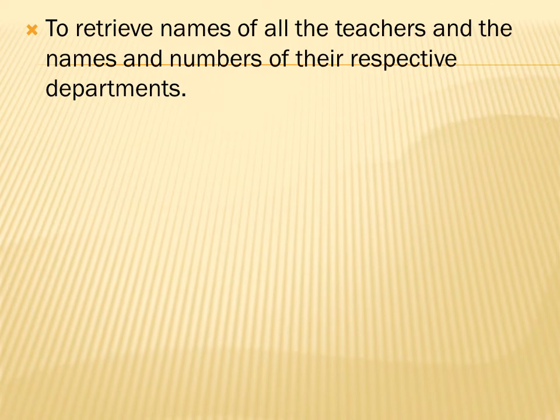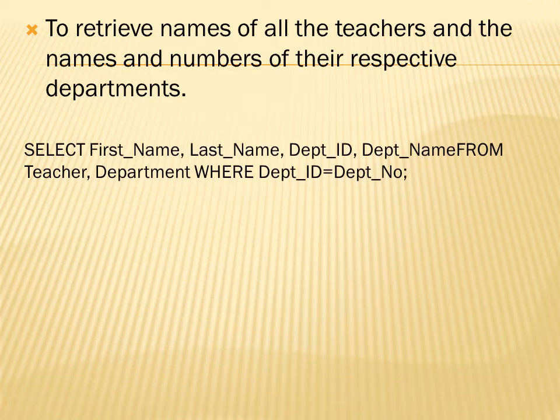Now the next one. To retrieve the names of all the teachers and the names and numbers of their respective departments. This is a bit different one. Here you have to use both the tables. See how to write it.